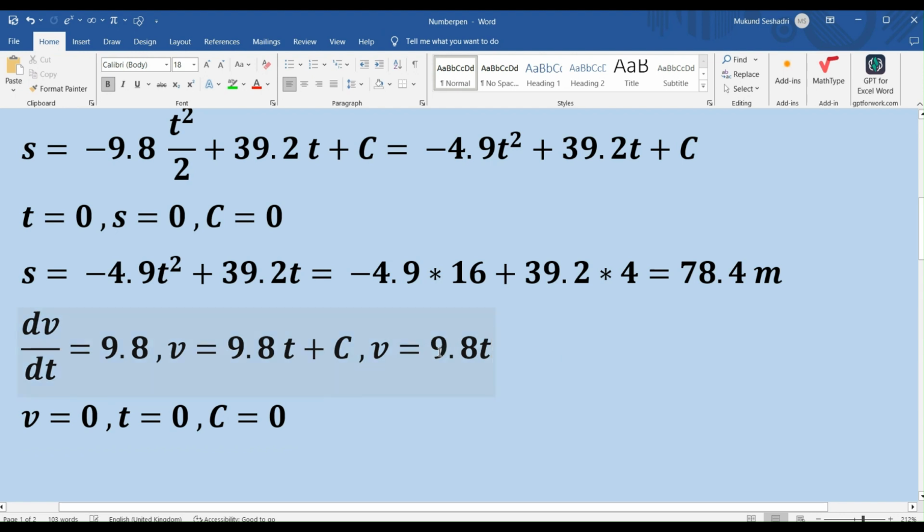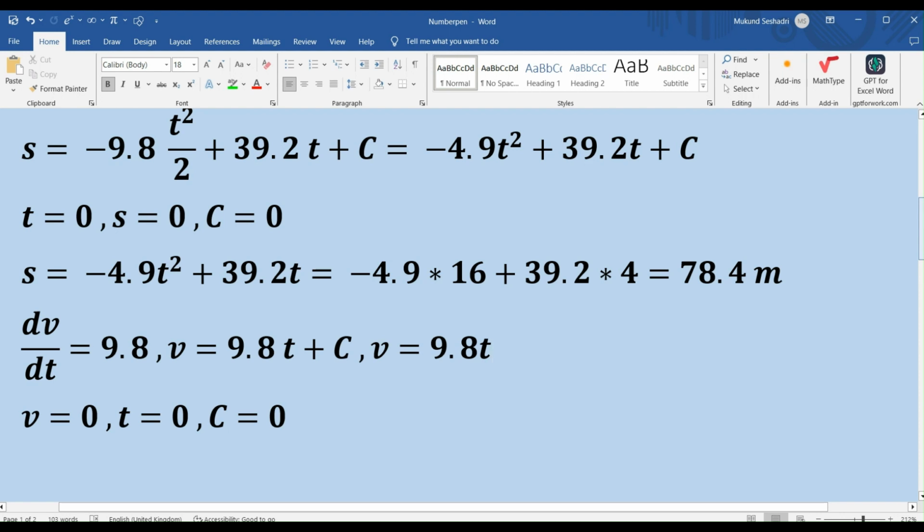So what is it that we've been asked to find, folks? I will have to figure out how much time the ball takes to hit the ground, right?